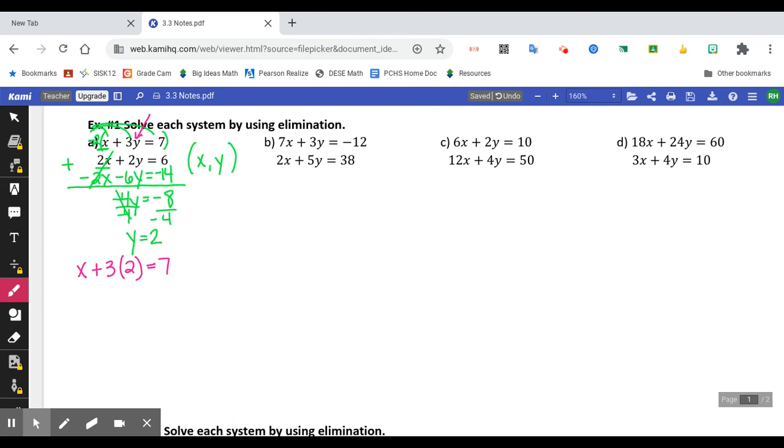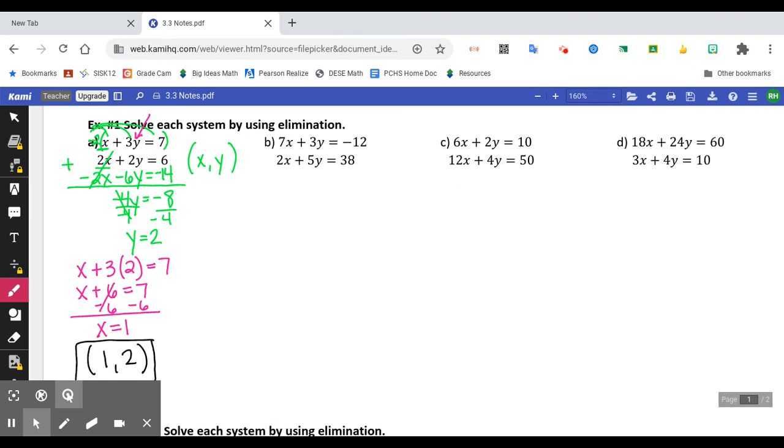So then I have x plus 6 equals 7. Subtract 6 from both sides, and x equals 1. So there we have our x and our y, and that is your ordered pair solution to your system.